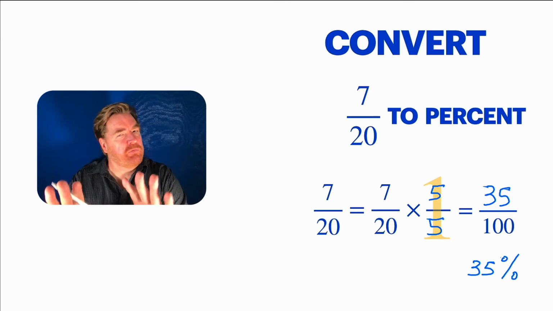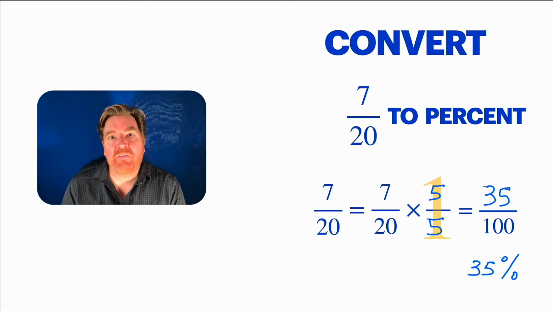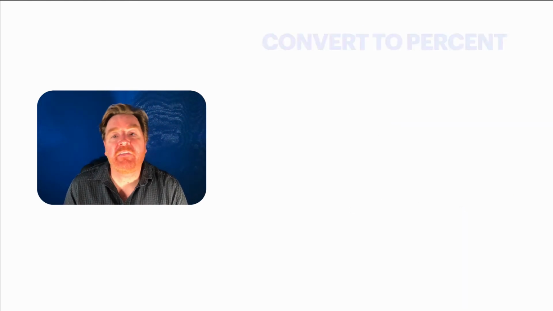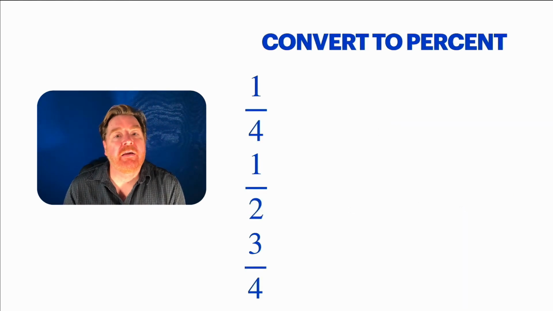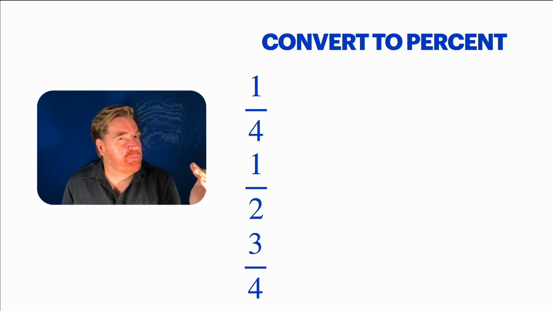Okay? Now, talking about percents like that brings up something important. There are some famous percents and fractions that come up all the time. You want to recognize them in either one of their forms. So let's convert the following important fractions into their percent versions. 1/4, 1/2, and 3/4. Those are pretty famous benchmarks we've seen.